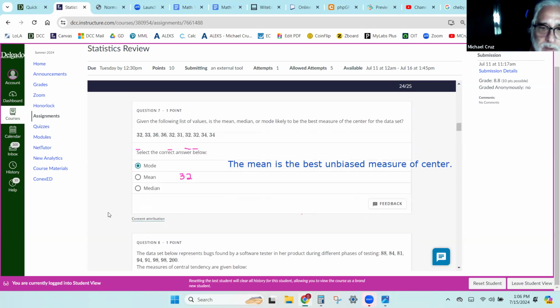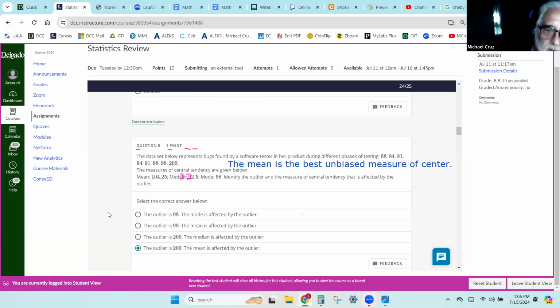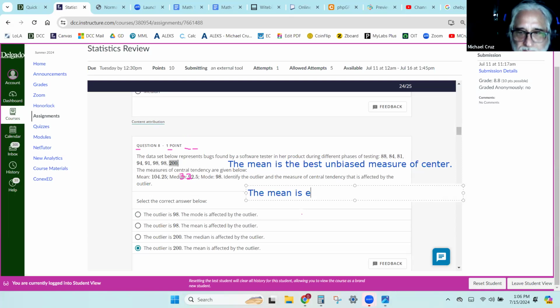And then, okay, with this one, we'd also kind of talked about this. The mean gets bumped up by that value right there. Because the other thing that we can say is the mean is sensitive to extreme values.